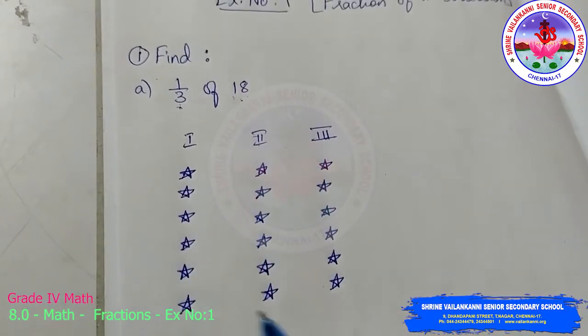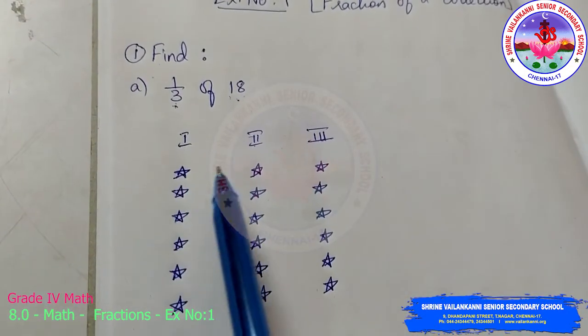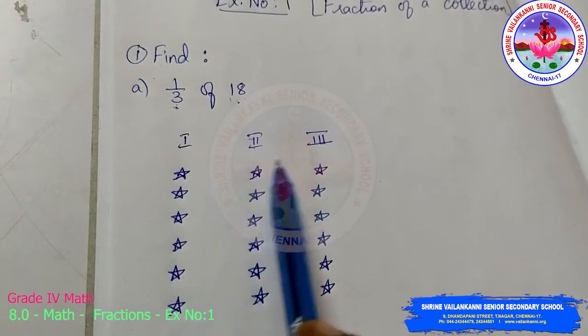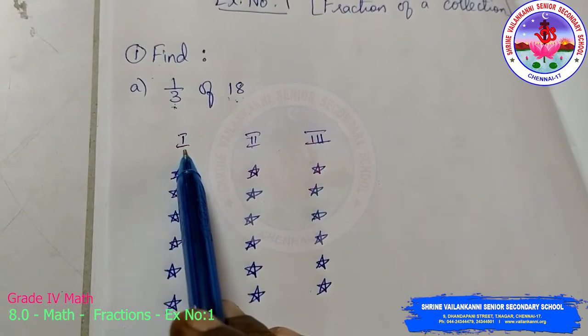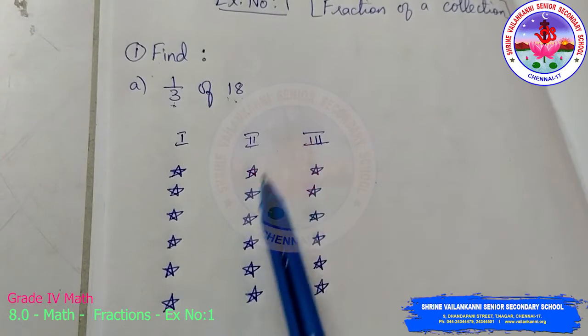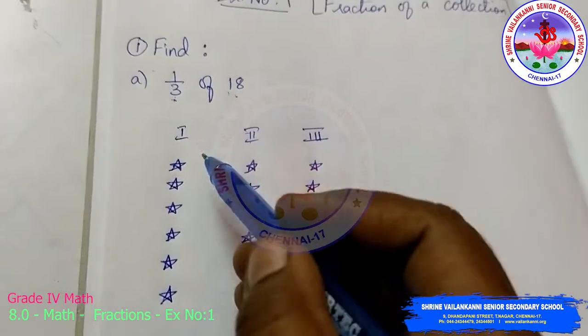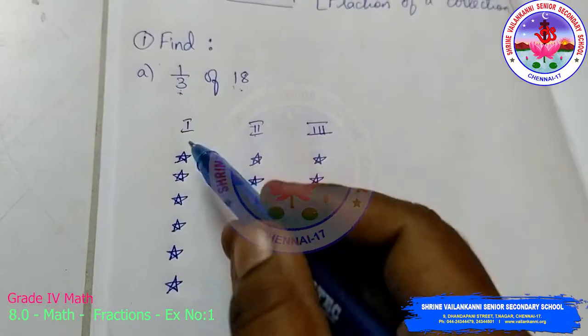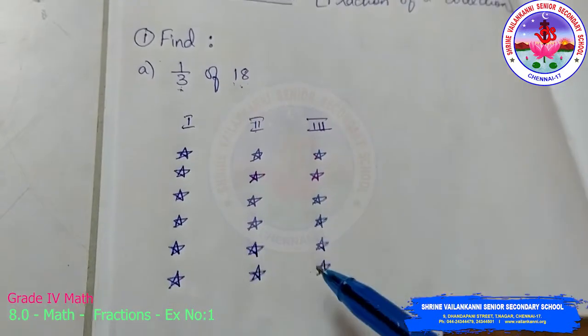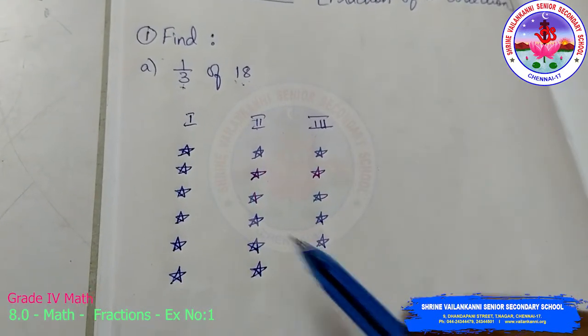So these 18 stars are equally divided into 3 equal parts: first part, second part and third part, which you can also call first group, second group, third group.